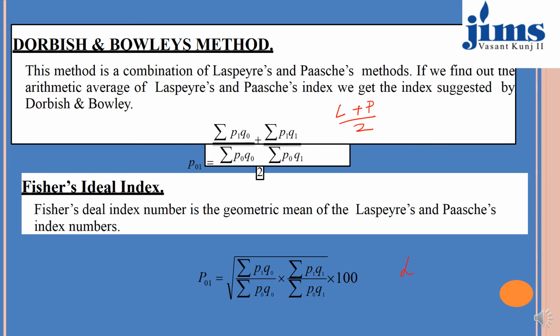What he did, he took the geometric mean of Laspeyres and Paasche. Here they used the arithmetic mean, and here they used the geometric mean, GM, okay.